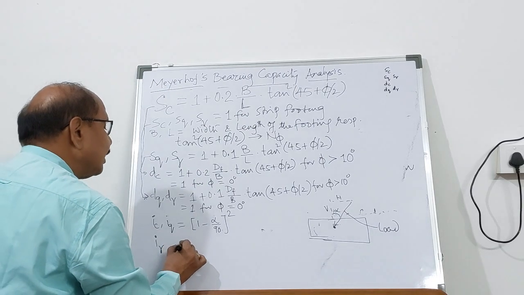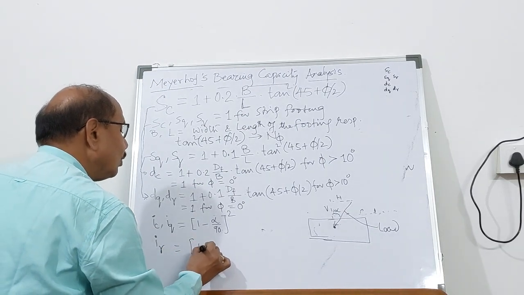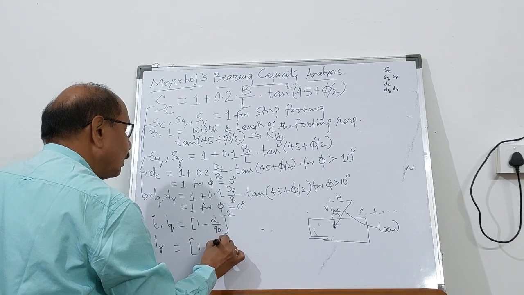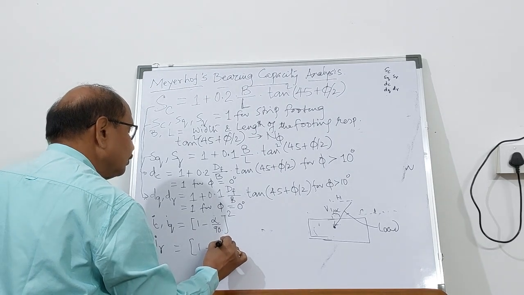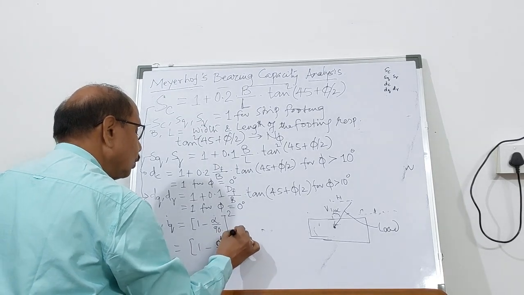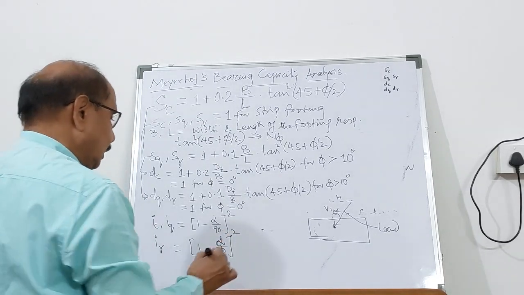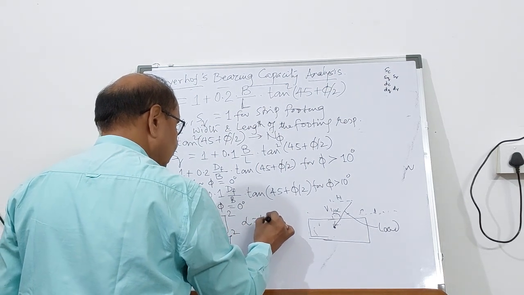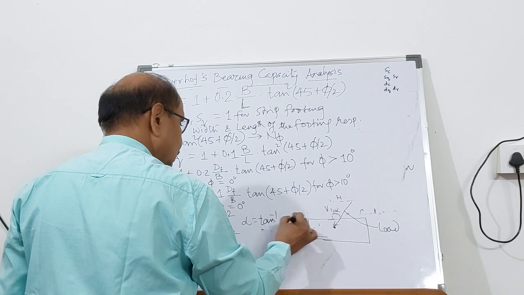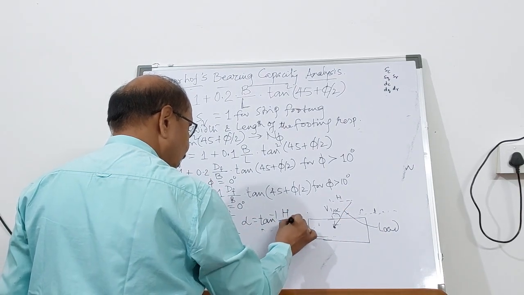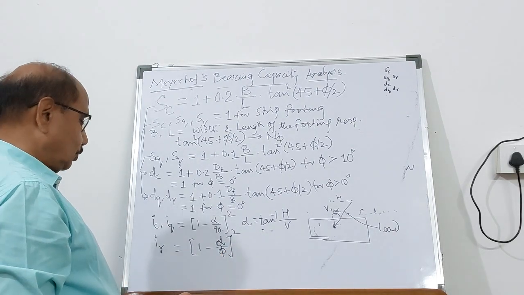And i gamma is given as 1 minus alpha by phi, whole square, where alpha equals tan inverse of the horizontal component upon the vertical component of the load.